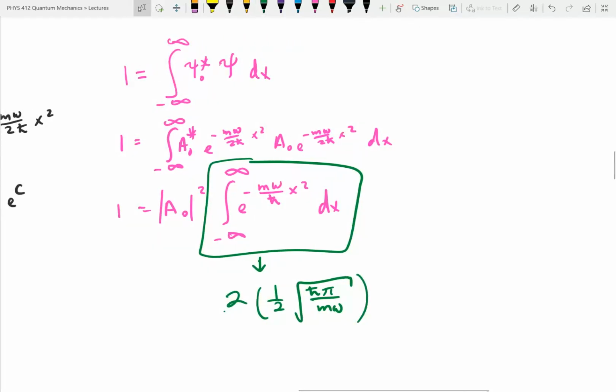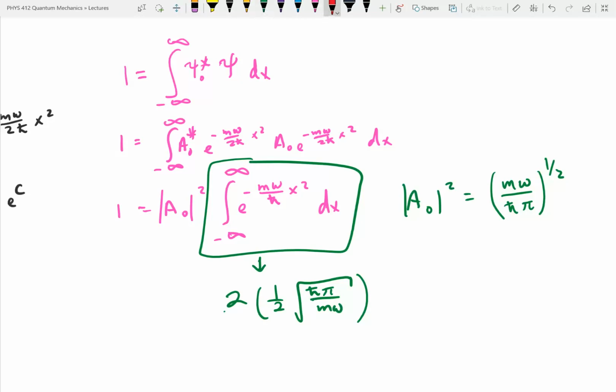And so what is A0 mod squared equal to? It's going to be m omega over h bar pi to the 1/2 power. And then you'll take a square root. Right, you're just going a step ahead to the answer.